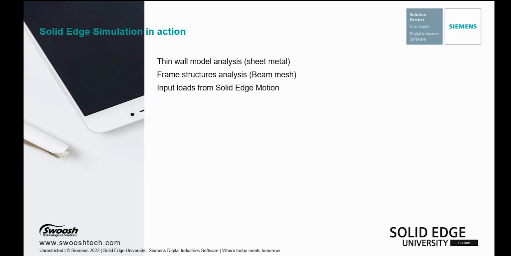We're going to take a look at frame structure analysis, a specific type of mesh, beam. It significantly reduces processing time, delivers results quickly, and the results are accurate. And finally, we're going to take a look at how we can utilize feedback from another Solid Edge environment, Motion. How can we find the reaction forces and use them in Solid Edge Simulation as loads? All these three cases we're going to explore right now.